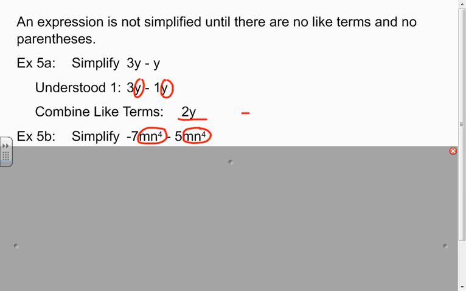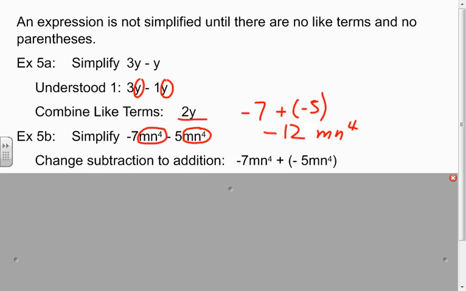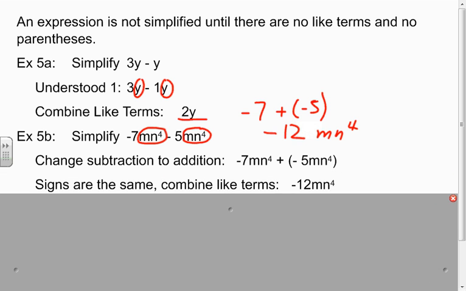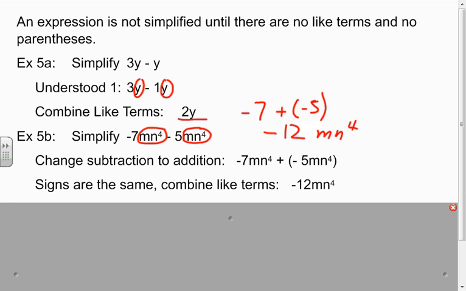So I have 7 negatives and 5 more negatives, which gives me a total of 12 negatives. And the mn to the fourth comes along. So I change the subtraction to addition in the middle, and I use the opposite of the second number, combine like terms, and I get negative 12 mn to the fourth.